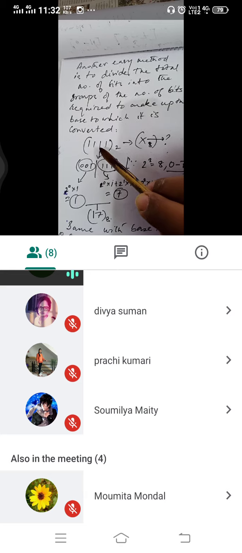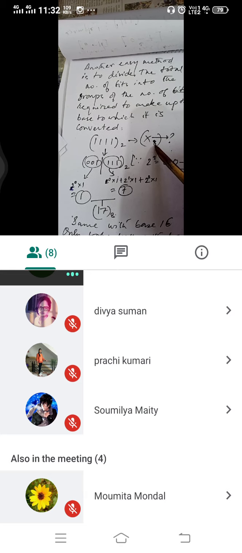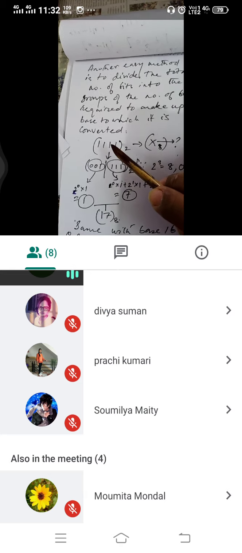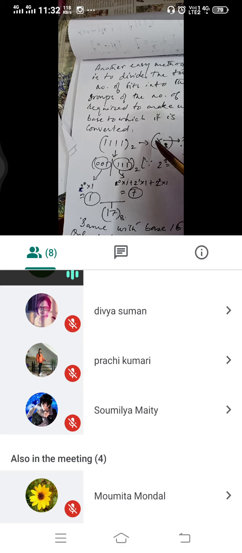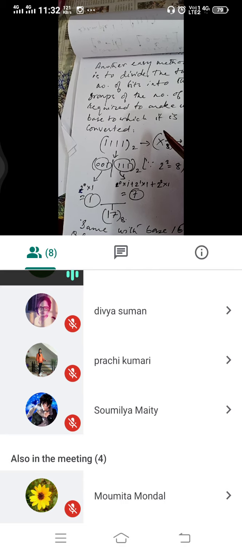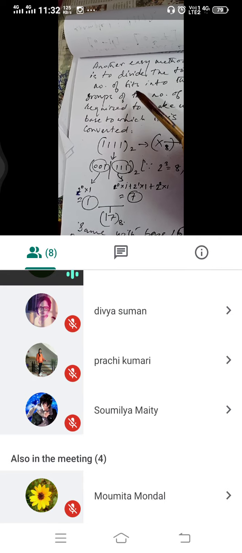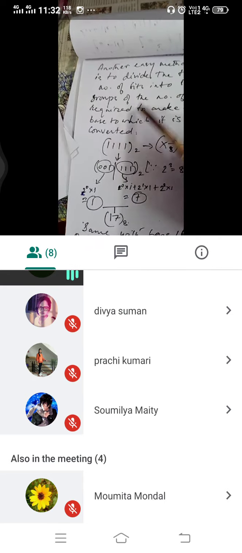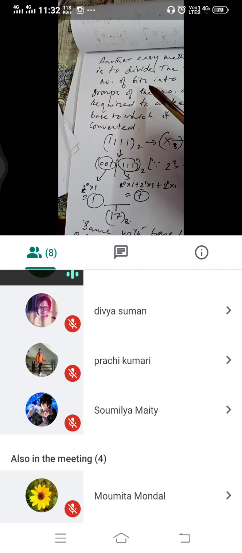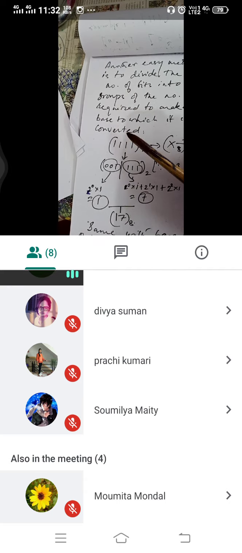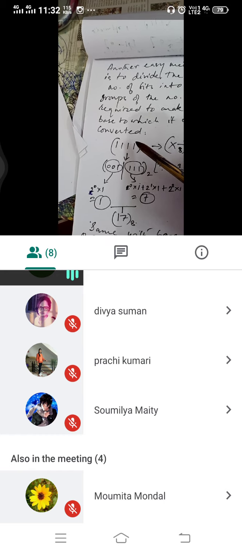I'll give you the example. So we're converting it to base 8. So we need 3 bits to make up all the digits of the octal system. Why? Octal system digits are 0, 1, 2, 3, 4, 5, 6, 7. That's 8 digits, and 8 is 2 to the power of 3. So we need 3 bits to make up 8 symbols.